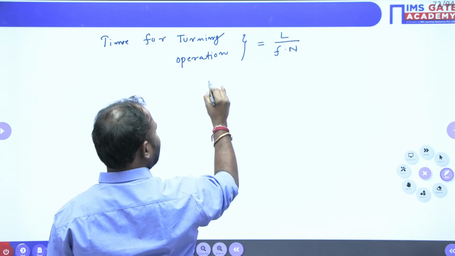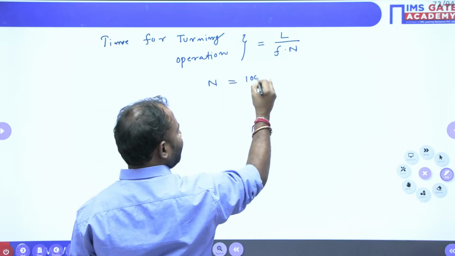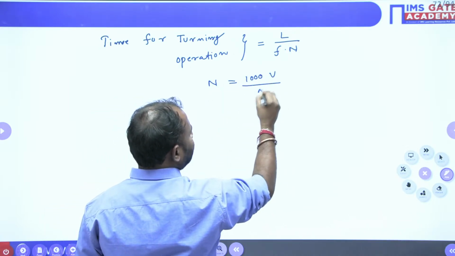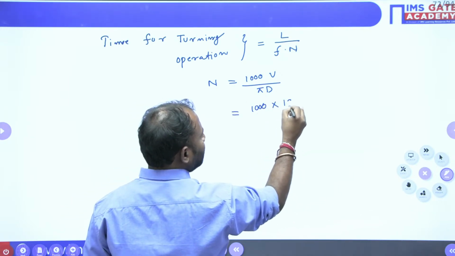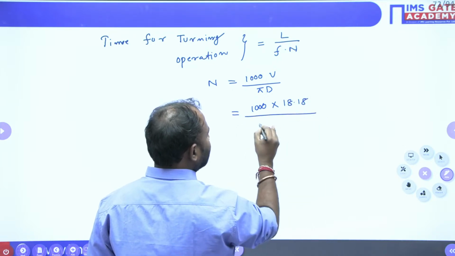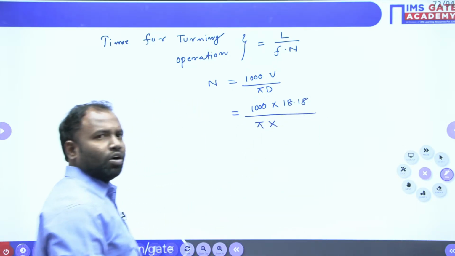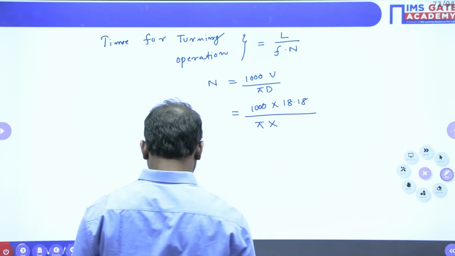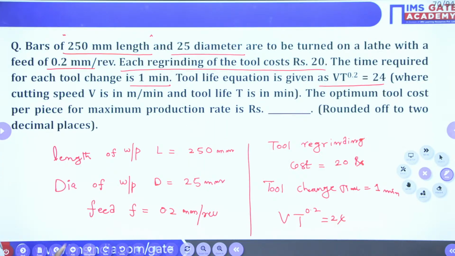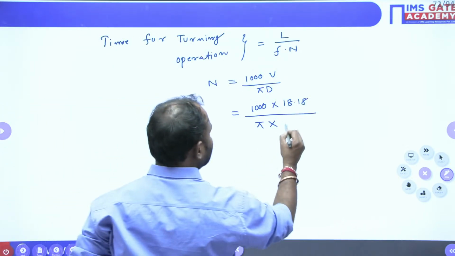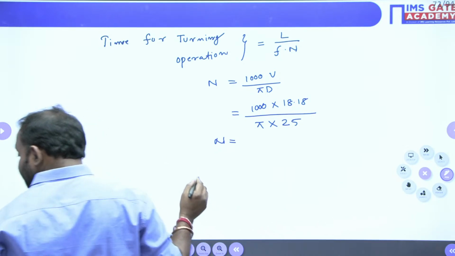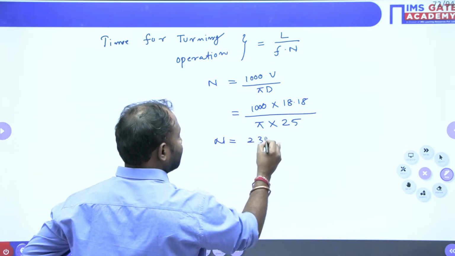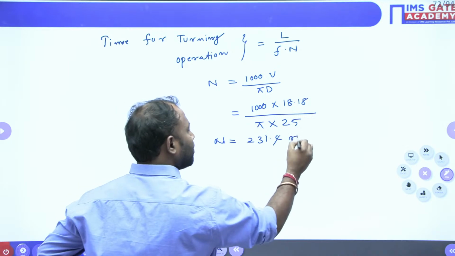N equal to 1000 V divided by pi D. So 1000 into 18.18 divided by pi into D. What is the diameter of the workpiece? 25 is the workpiece diameter. Now you are going to get N equal to 231.4 RPM.